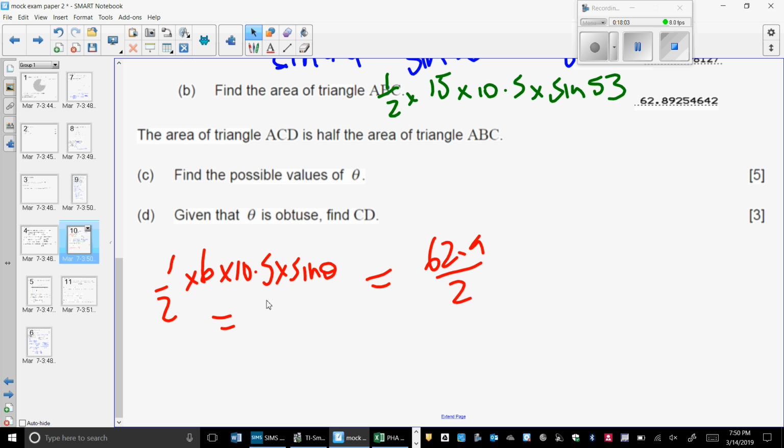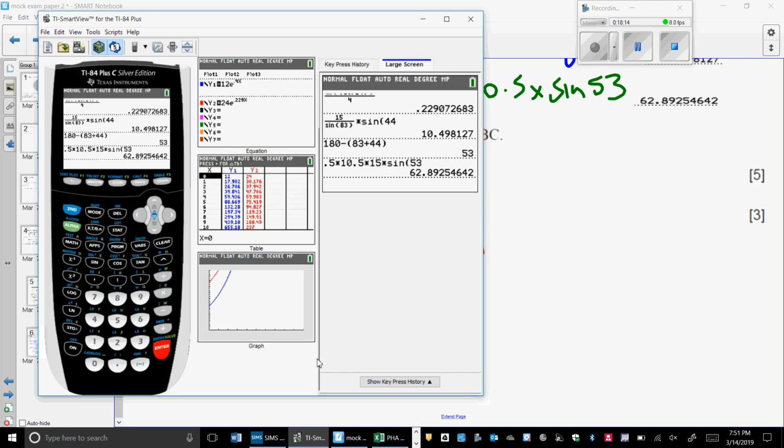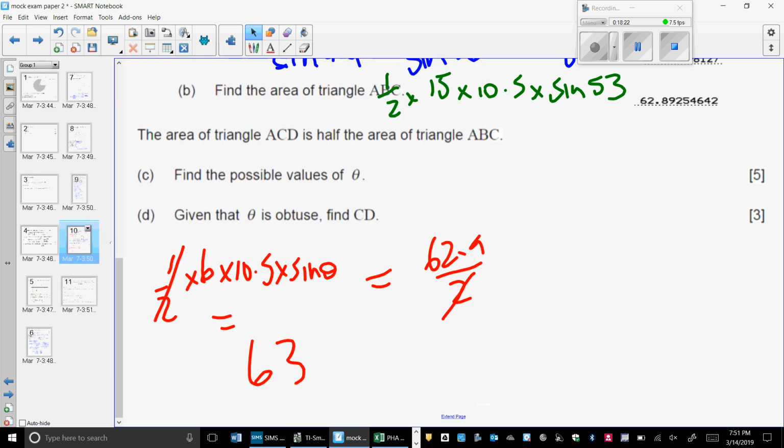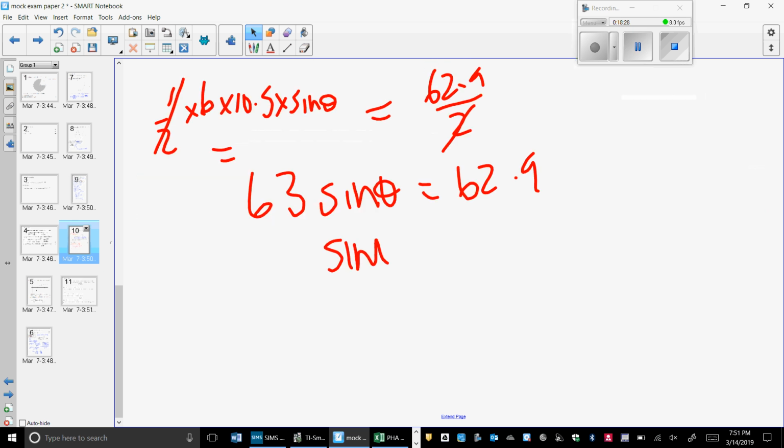Right, so we can get rid of my halves. So 6 times 10.5. Oh God, it's too late. 63. Good Lord. So 63 sine theta equals 62.9. So sine theta is 62.9 over 63.